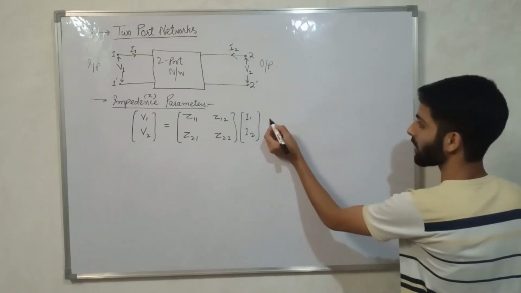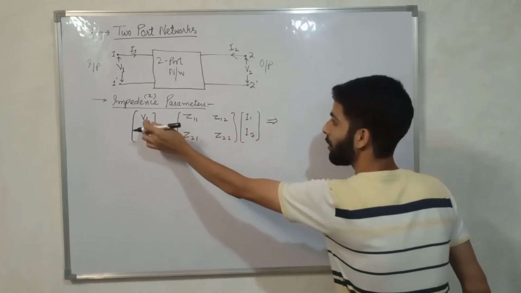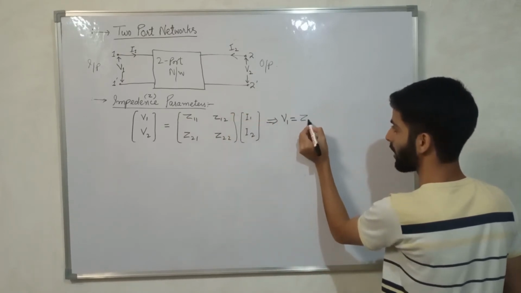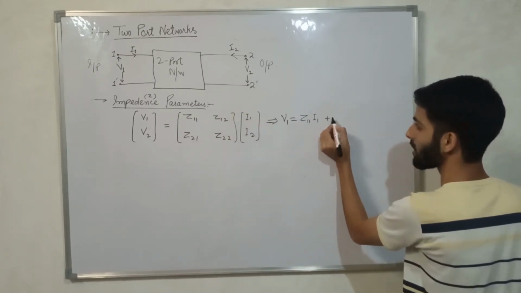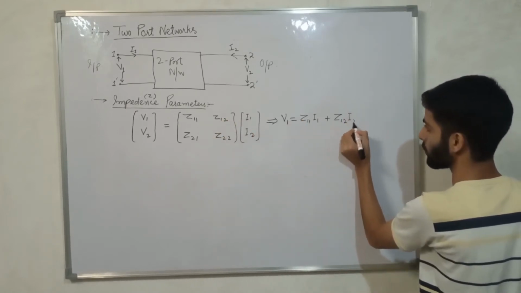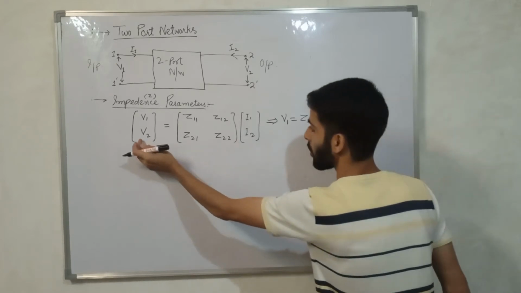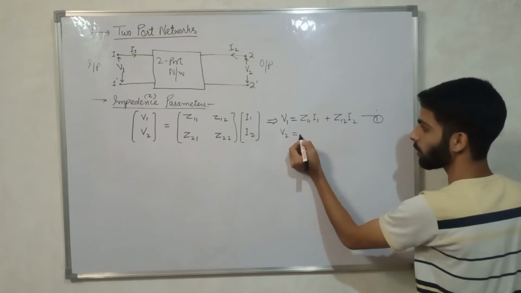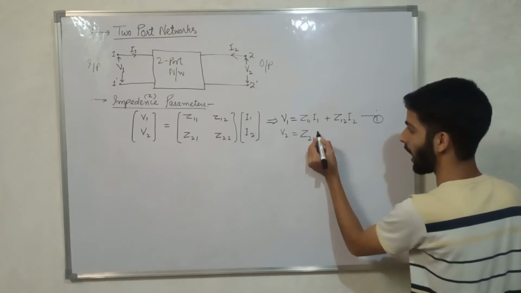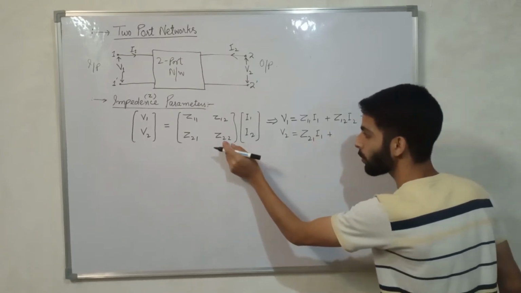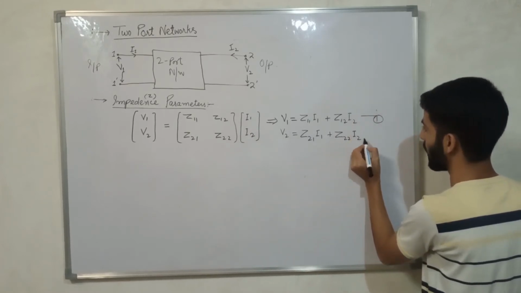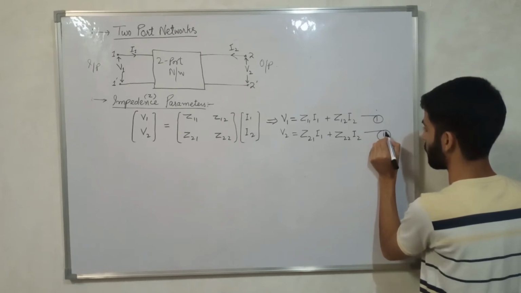If we expand it, the equations will be like this: V1 is equal to Z11 into I1 plus Z12 into I2. This is equation first. Voltage V2 will be equal to Z21 into I1 plus Z22 into I2. Equation number second.